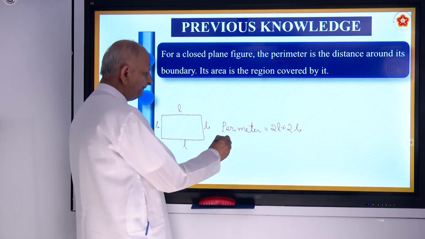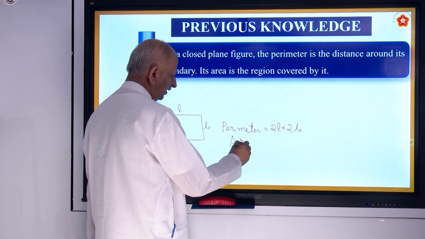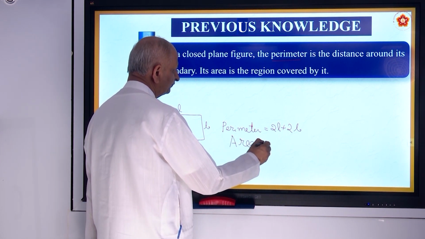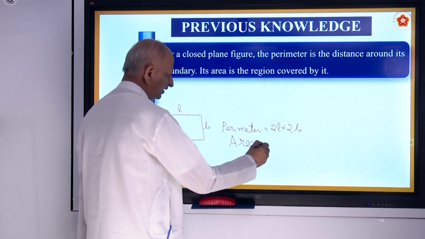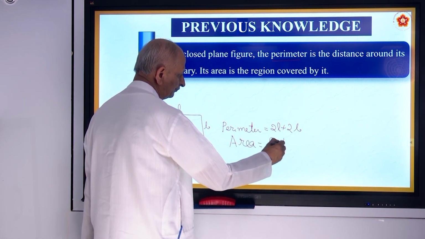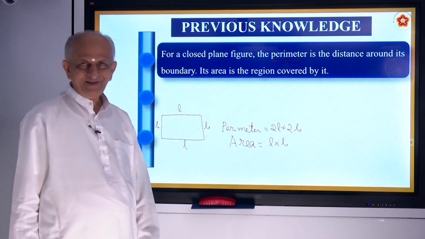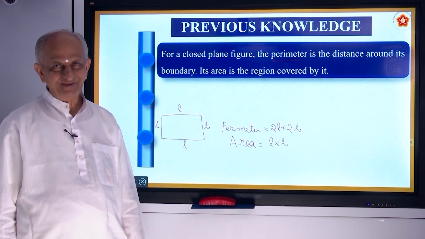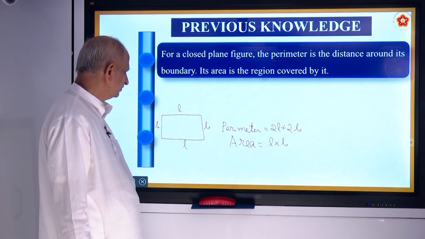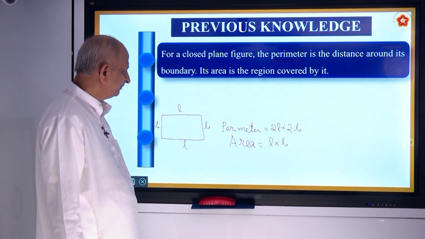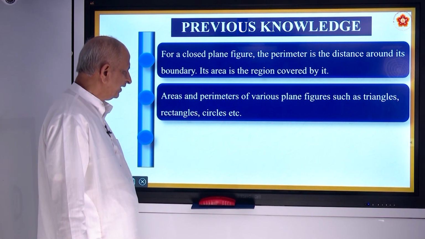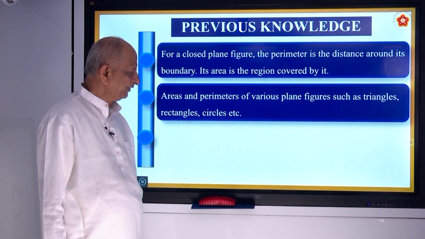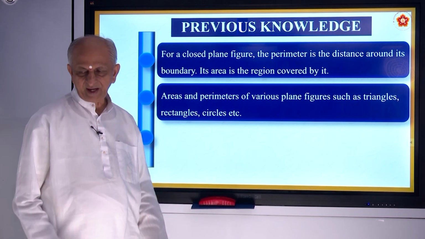So that distance around its boundary is called perimeter. What is area? Area is the region covered by it. So this region covered by it, that is L into B. Remember? Studied in class 6th, 5th and 7th also. So that is what we have already studied. And also we know areas and perimeters of various plane figures such as triangles.